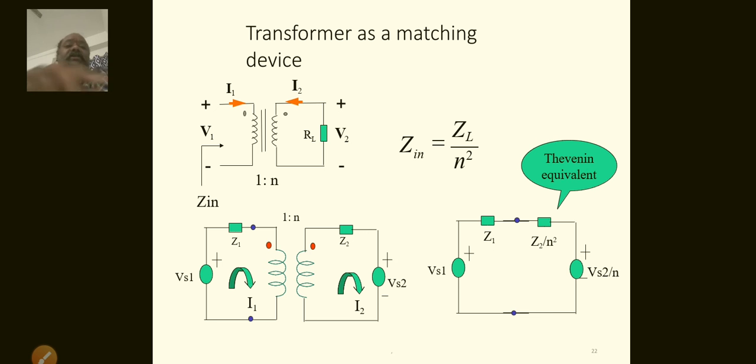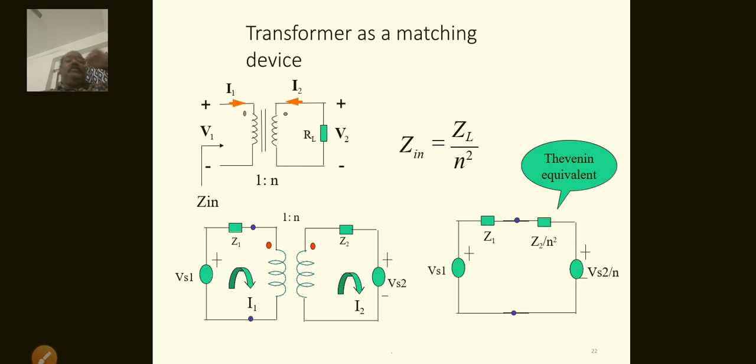Again, you rewrite this just to observe that here RL is the load resistance, and you say that the input impedance is equal to ZL by n square. Okay, ZL by n square, because just now we told that if R is the input impedance, then the output impedance is n square R. Similarly, the input impedance is equivalent to the load impedance divided by n square.